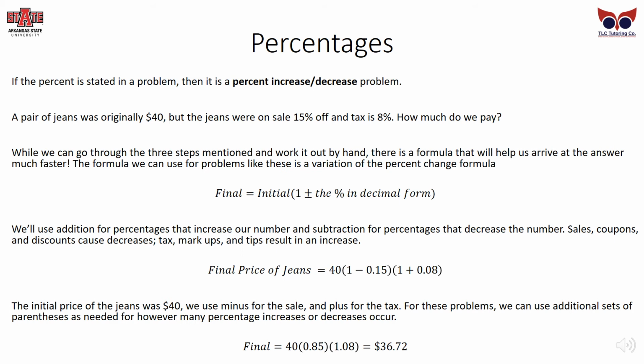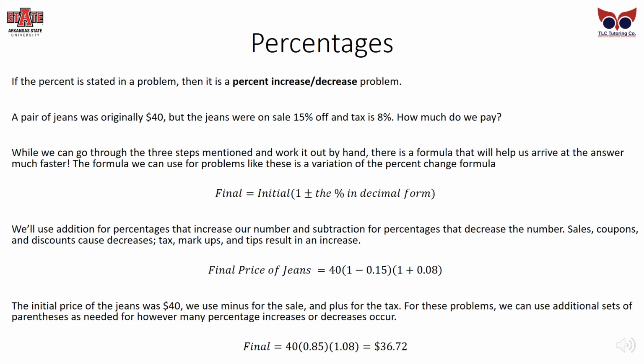The formula we can use for problems like this is a variation of the percent change formula. Final equals initial multiplied by 1 plus or minus the percent in decimal form. We'll use addition for the percentages that increase our number and subtraction for the percentages that decrease the number.